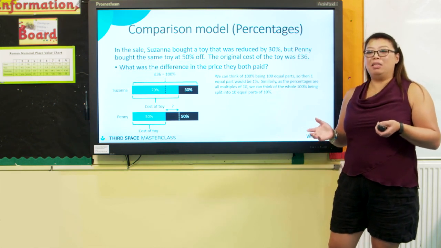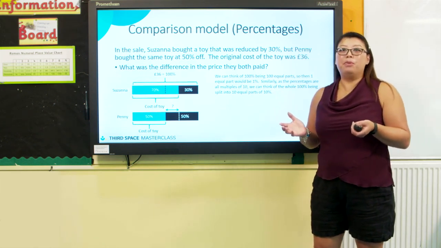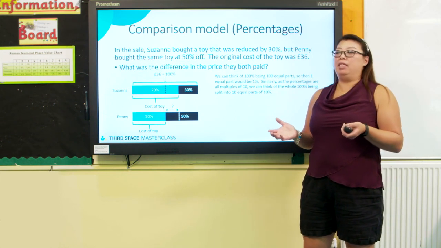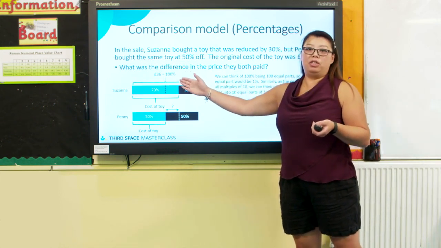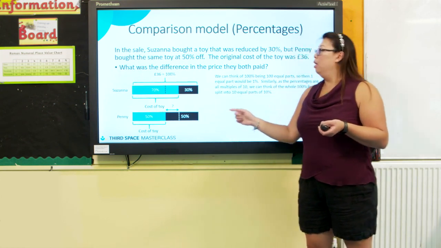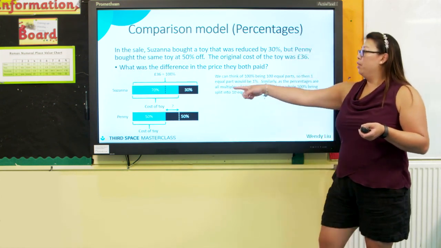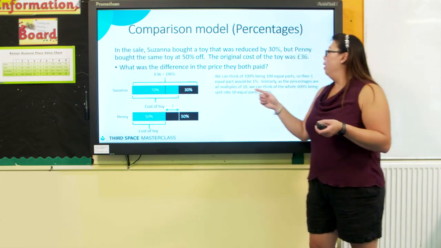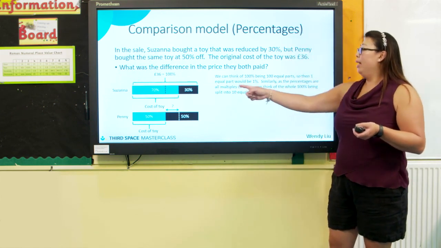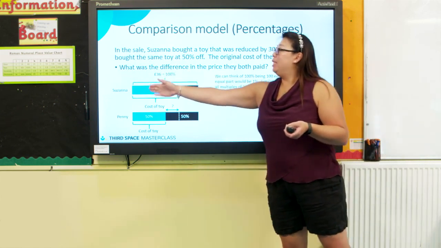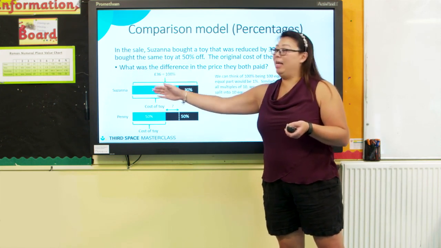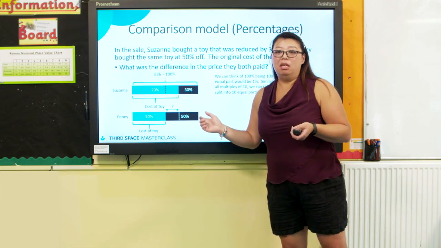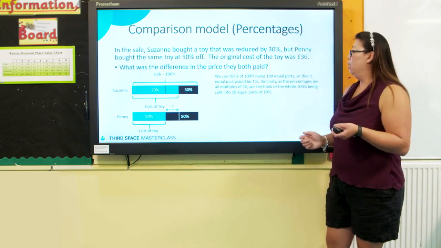Although if you had a more obscure percentage like 63%, you may want to go that route of dividing it by 100 and then timesing it by 63. But in this sense, because we've got multiples of 10, we can think of splitting the whole into 10 equal parts, meaning that each part would be 10% of the original.